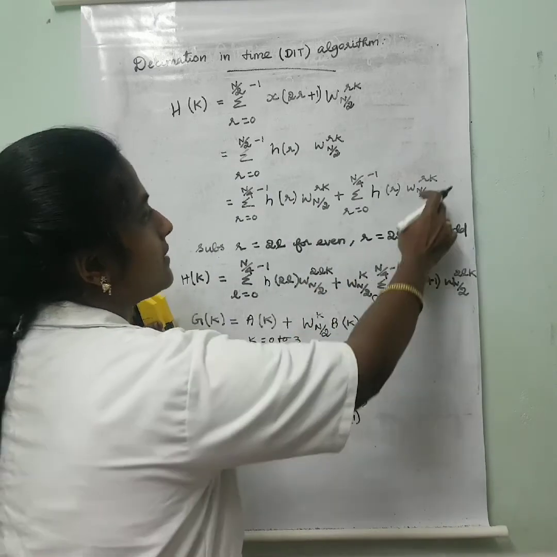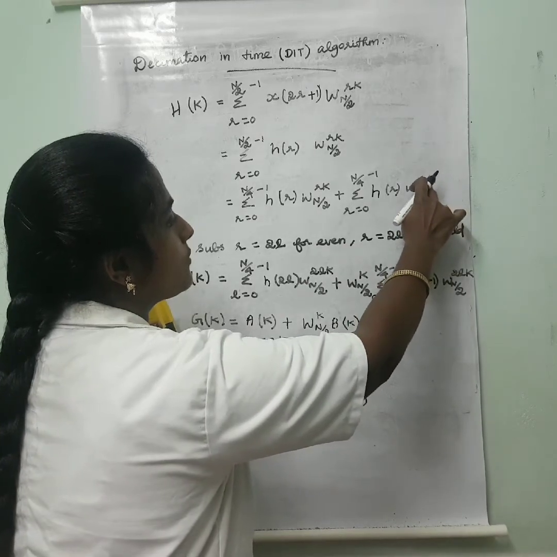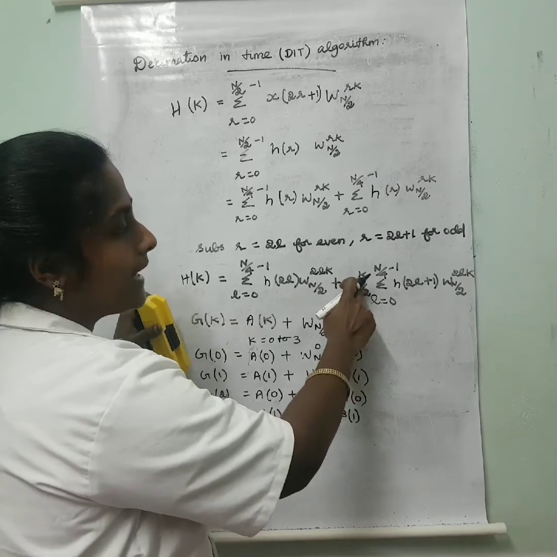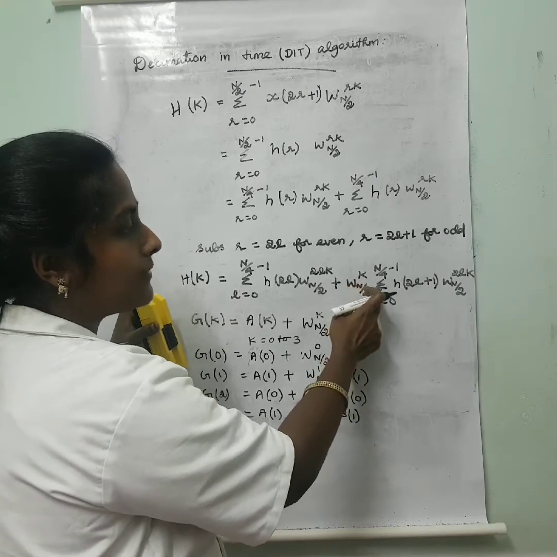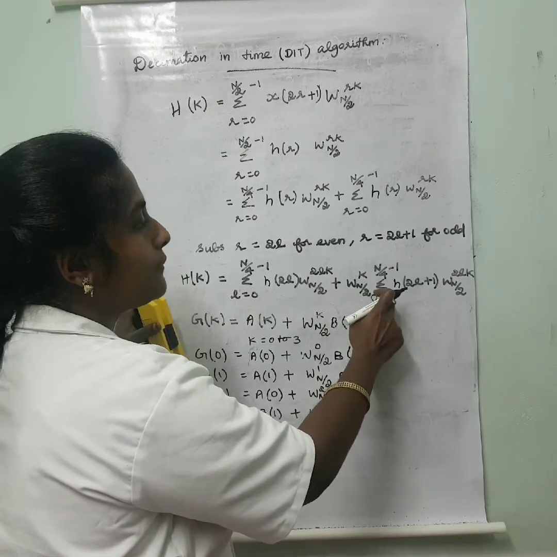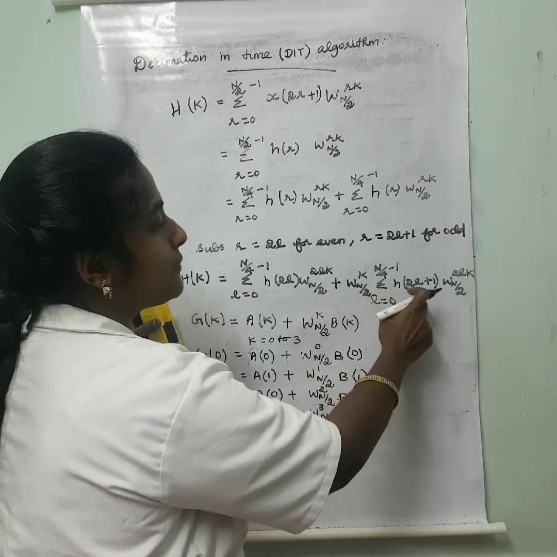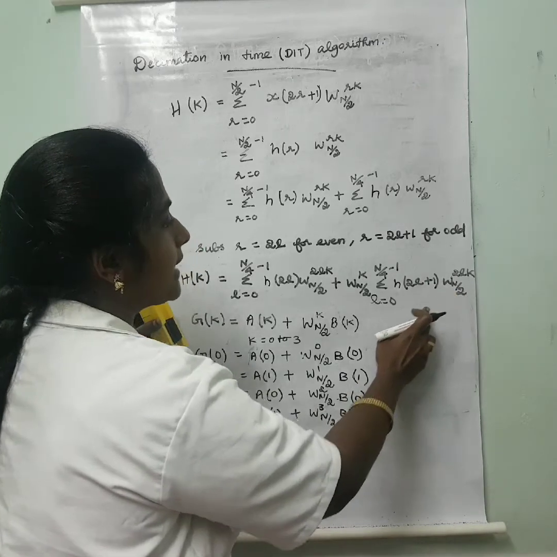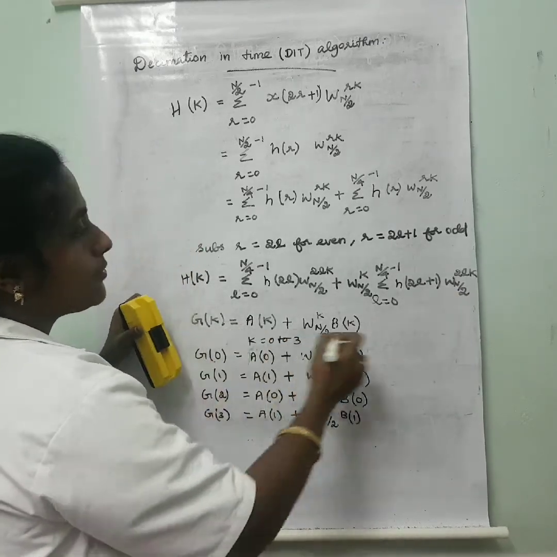When you substitute 2l plus 1 here, you will get W N by 2 to the power k as a constant term, and so you are taking it outside. So, summation l equal to 0 to N by 4 minus 1 into h of 2l plus 1 into W N by 2 to the power 2lk term.